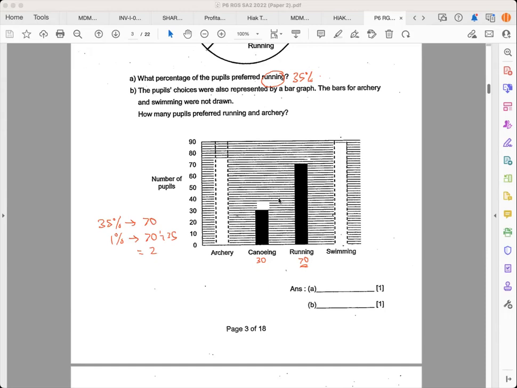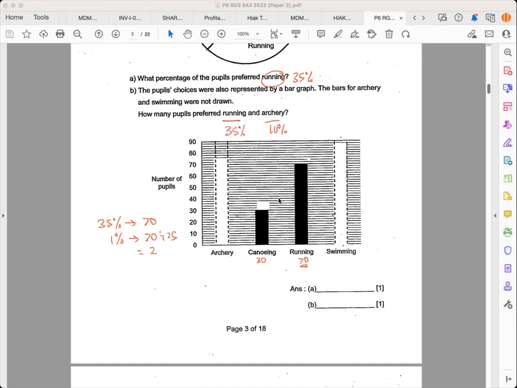I'm going to go on the own paper, you can see that running and archery adds up to, archery is 10%, and running is 35%.